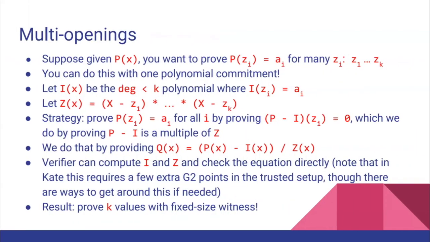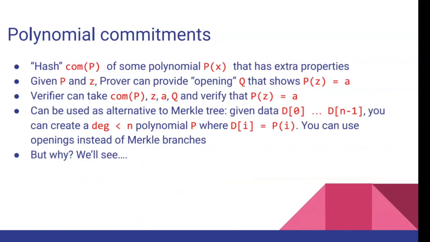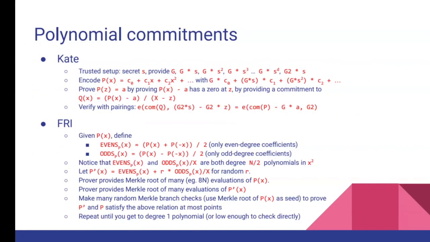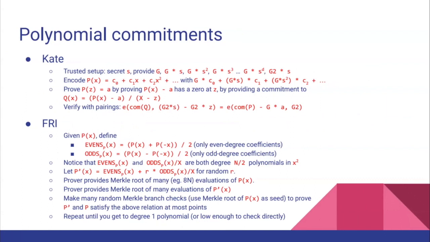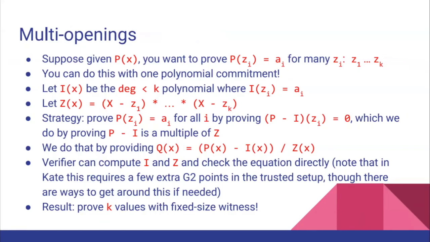So multi-opening. The idea here is that with polynomial commitments, you can prove a whole bunch of values with just one proof, with one fixed size proof. And the way that we do this is we take this equation, this (p of x minus a) divided by (x minus z) equation, and we extend this, right?